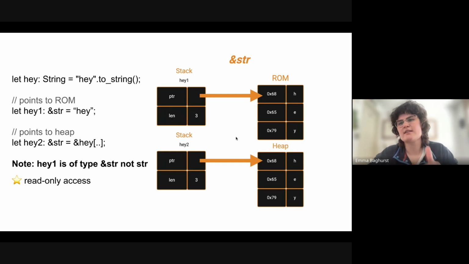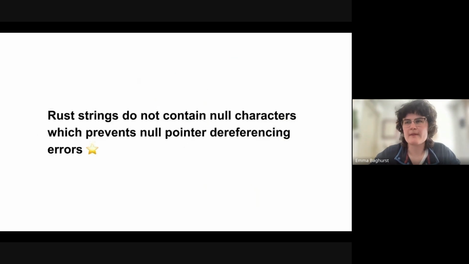The good thing about this is that with a String, you've got mutability, but with this, it allows for just read-only access because it's always immutable. So there's no risk of changing things when you don't want to. One other thing I wanted to mention: Rust strings don't contain null characters, like some programming languages, like classically C. This prevents something called null pointer dereferencing errors.